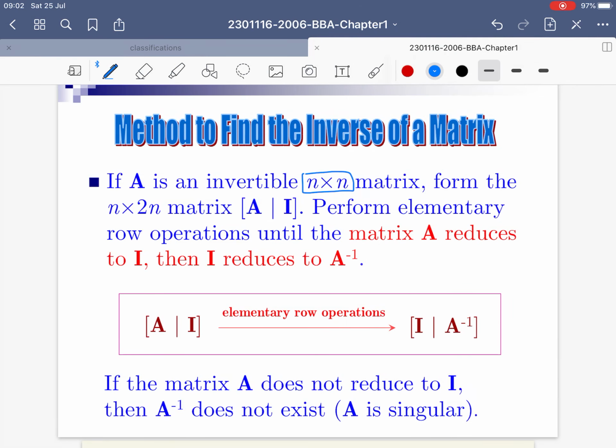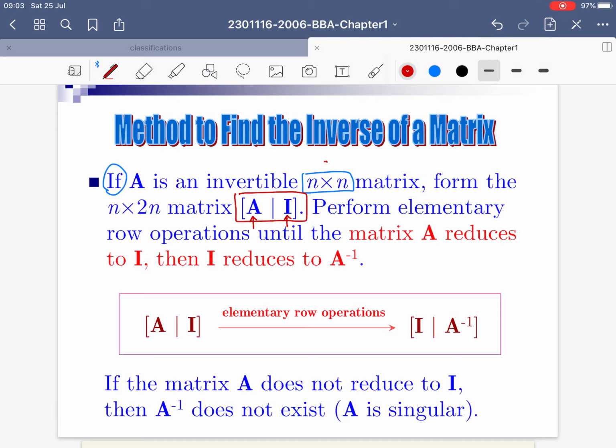We are going to find the inverse of the matrix, if it exists, if your A is invertible, by just writing your matrix A in an augmented matrix, attached on the back with your identity I. Of course, the A and the I must be the same size, the same order.